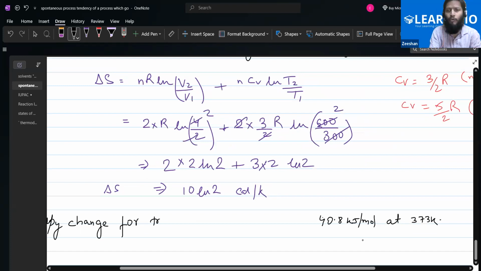You have to calculate delta S of this process.